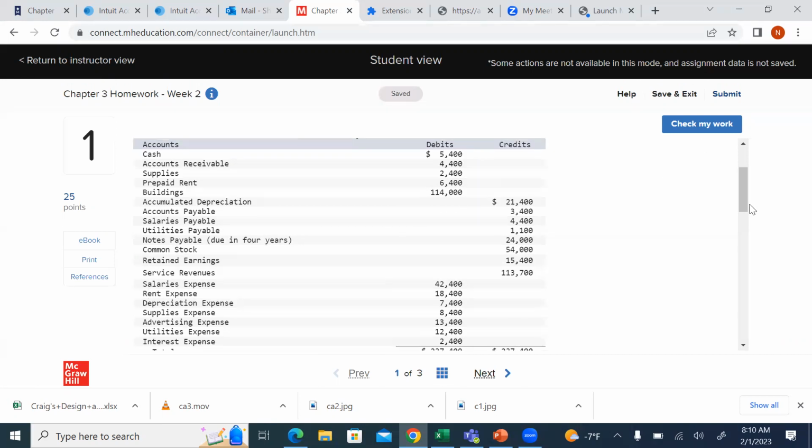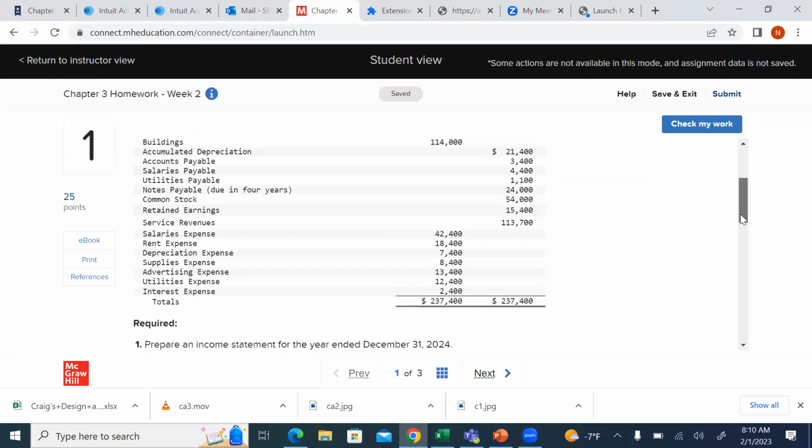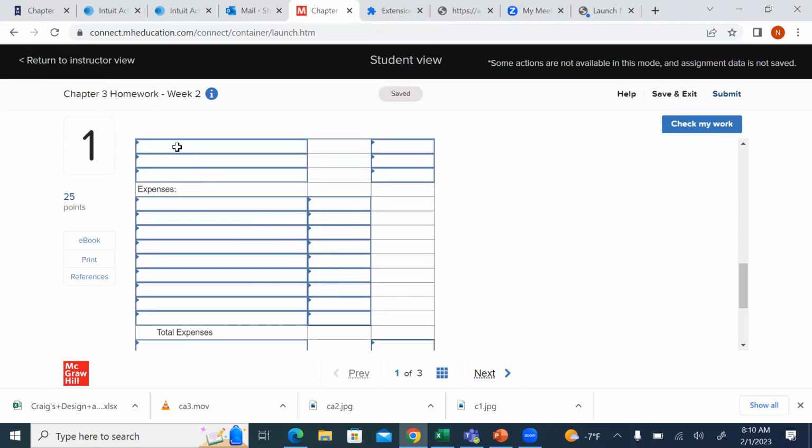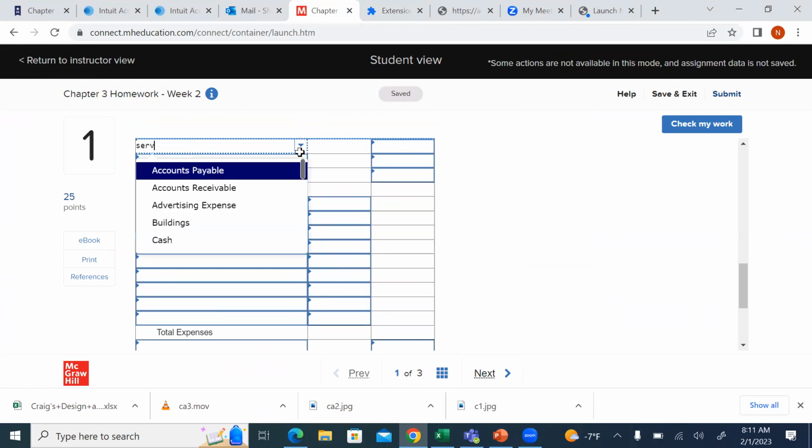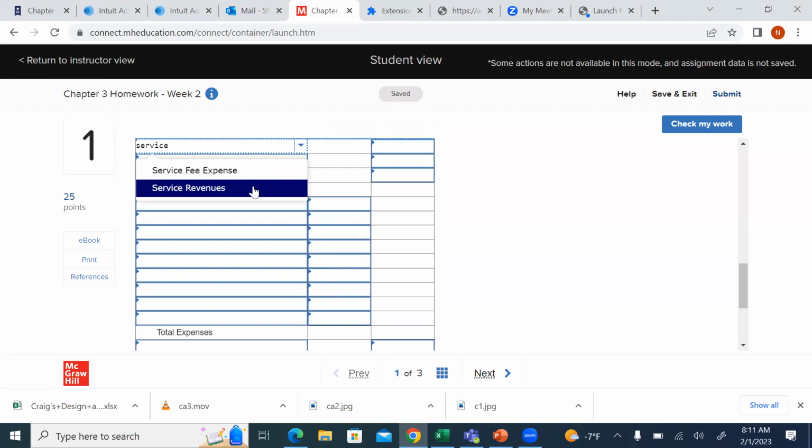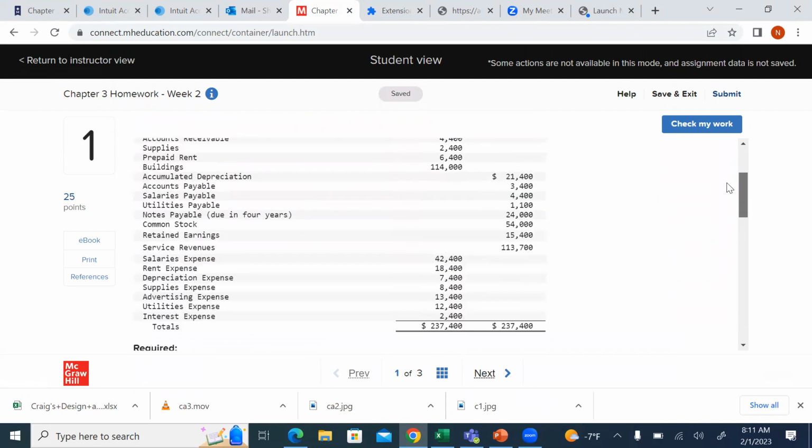In this case, our revenues are 113.7. So I'm going to show here service revenues, 113,700. Then I'm going to take our expenses.